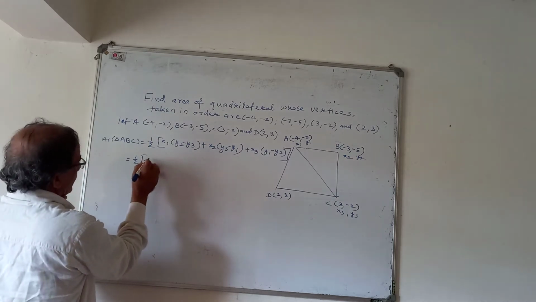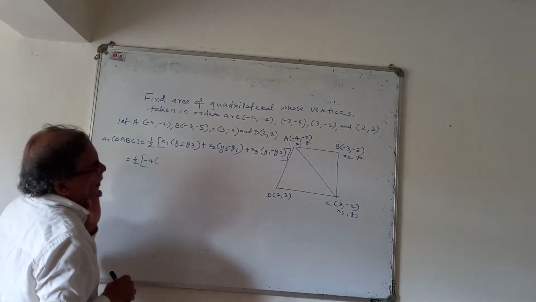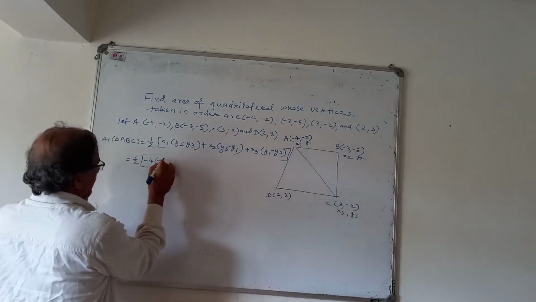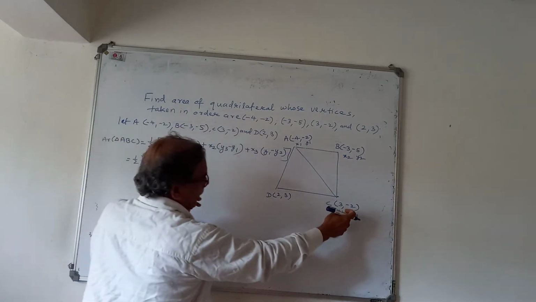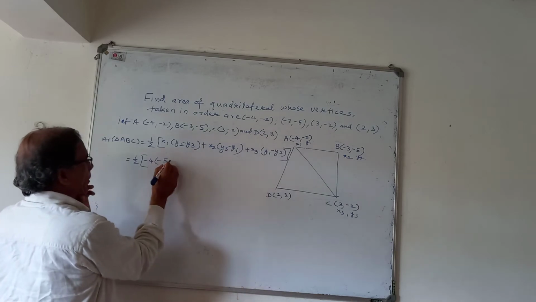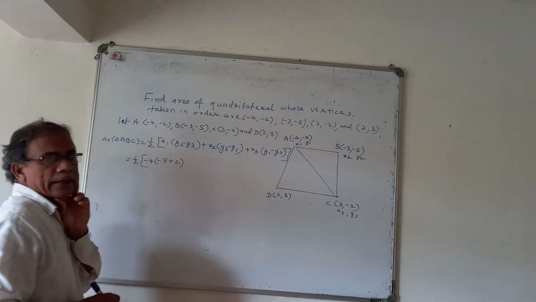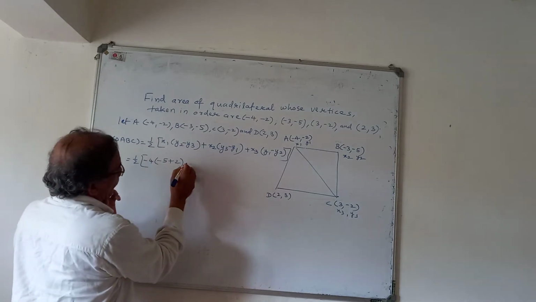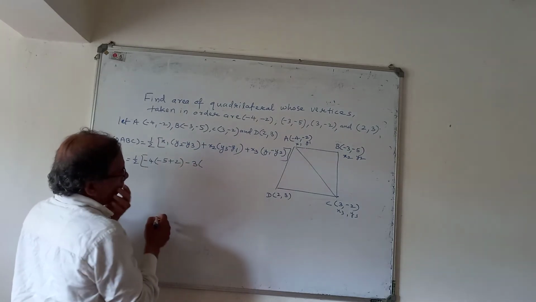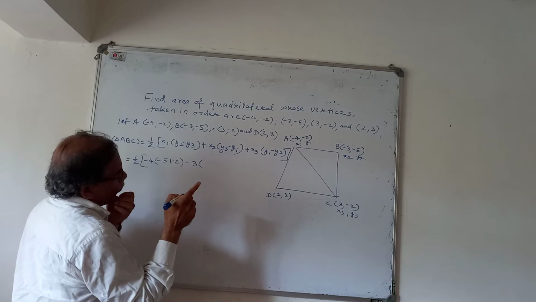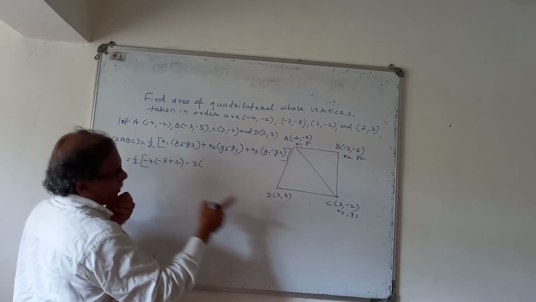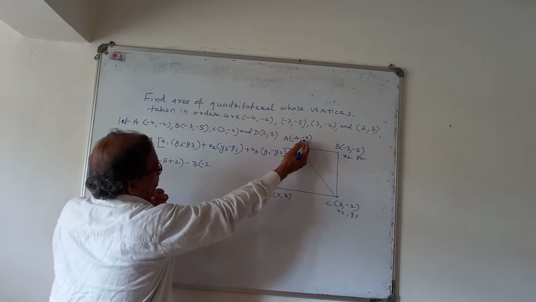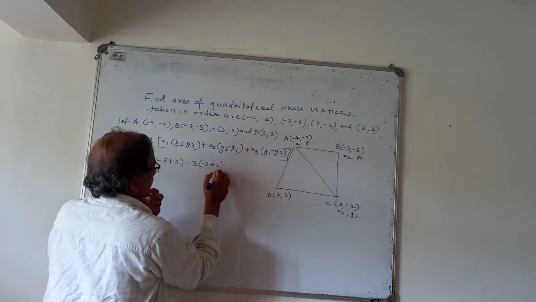Now let us substitute. So half into x1, which is minus 4, into (y2 minus y3). y2 is minus 5, and y3 is already minus 2, so that will become plus 2. Then x2, which is minus 3, into (y3 minus y1). y3 is minus 2, and minus y1, which is already minus, will become plus 2.